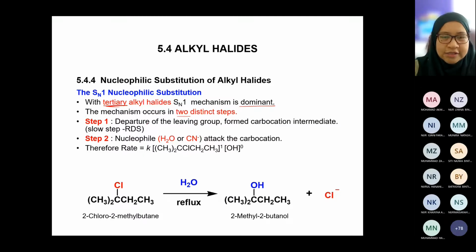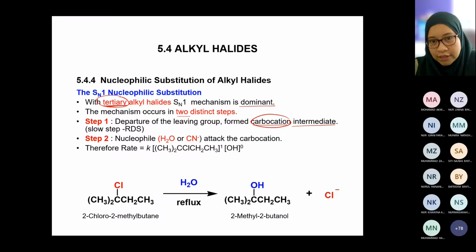Okay, so the first step is the departure of the leaving group. Depart. Maksudnya leaving group tu dia akan keluarkan diri dia sendiri. The departure of the leaving group to form carbocation. No wonder lah dia prefer tertiary. Because, okay, this reaction will form carbocation as an intermediate.